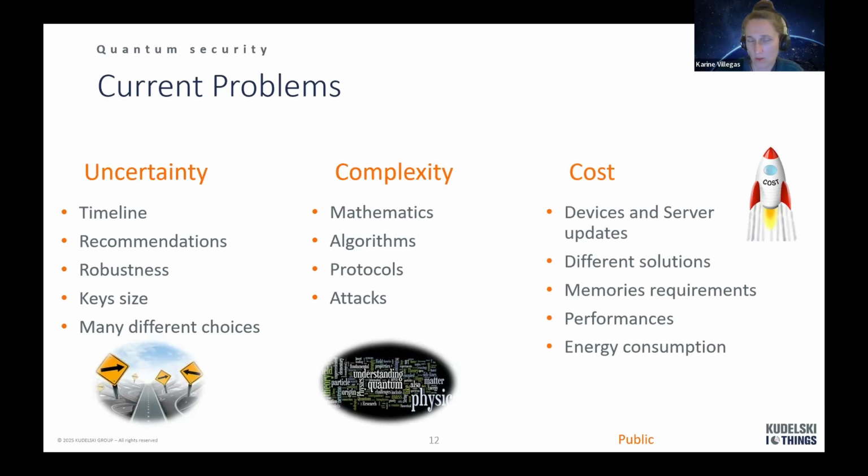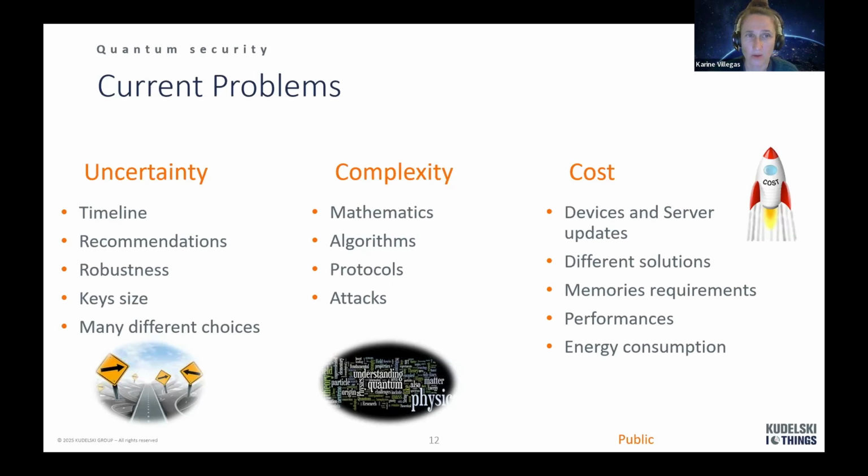The new algorithms also require more memory in terms of execution, and some of them may impact performance and so the energy consumption, which is a problem for the IoT area.